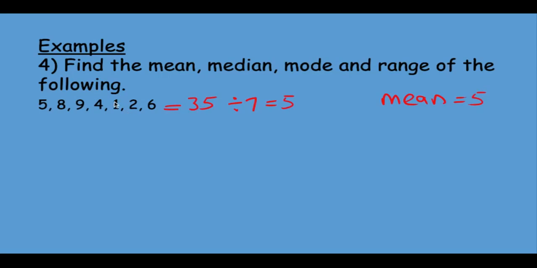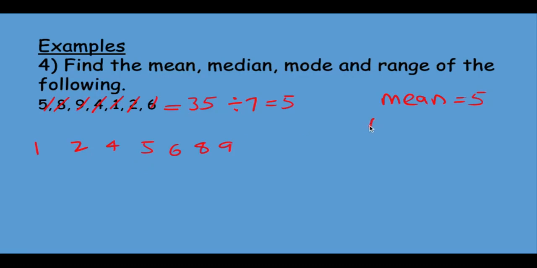I'm going to write them out in order now. So I've got a 1, 2, 4, 5 and 6, and 8 and 9. Okay, so because I've got 7 numbers, they must have a middle one, and you can see that is the middle.